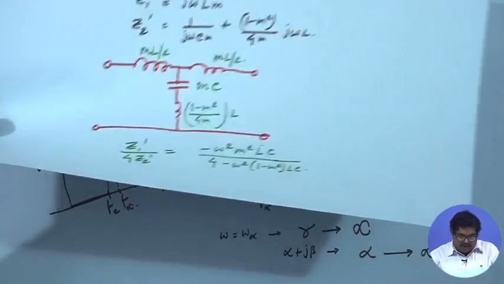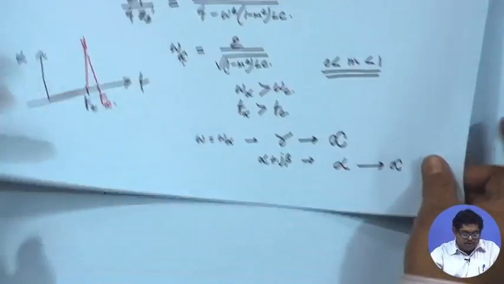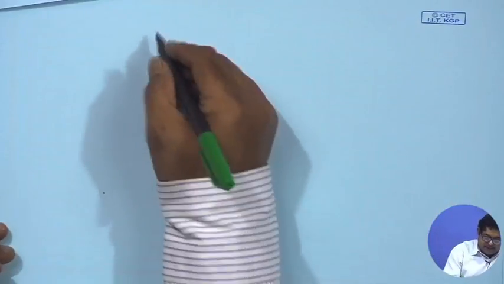Let us check whether it is physically correct or not. So, we know that if we have a series circuit like this, what will be the resonant frequency?